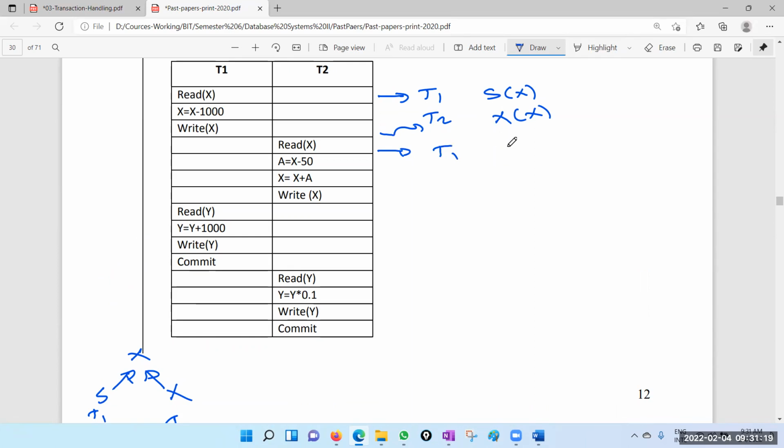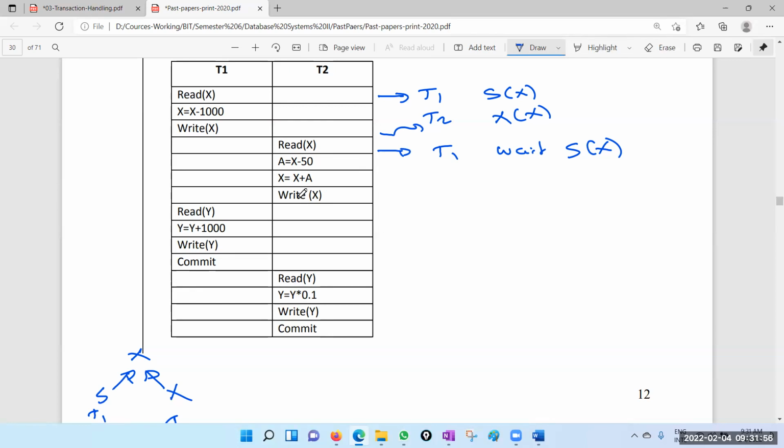It needs the shared lock of X, but in reality it is waiting for the exclusive lock to be released. So it can't do anything here, nothing happens.